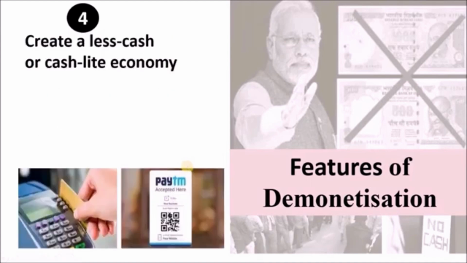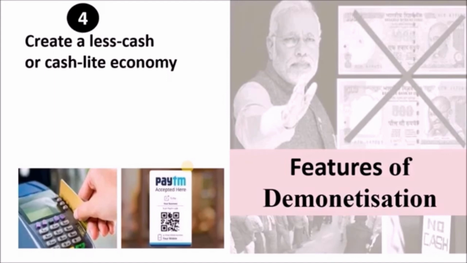Next is create a less cash or a cash light economy, and I showed you the tweet of Mr. Arun Jaitley that they wanted to have a digital India where people are not doing cash transactions, or it is a cash light economy.